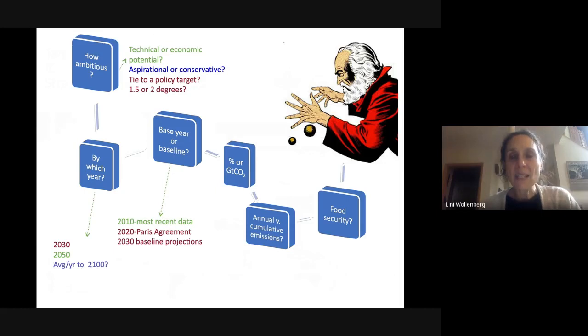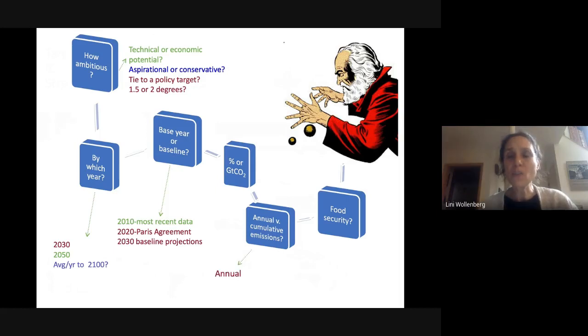The next is to consider whether you want a % decrease or to actually specify your decrease in terms of gigatons. I think both have their value. In some ways, a % recommendation is more flexible just because our understanding of actual measured emissions is still so poor, especially in many lower income countries.